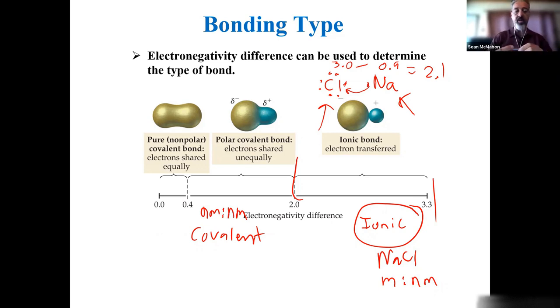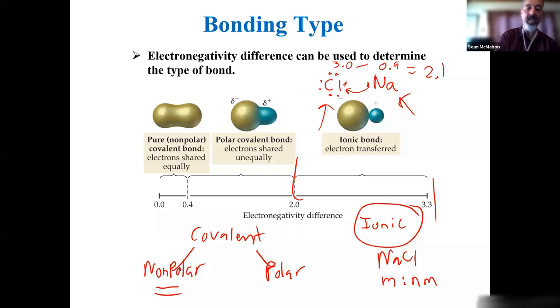So the way it works is there's kind of a degree of covalent, and there's 2 camps. So under the covalent bond umbrella, there's what's called nonpolar and polar covalent. Nonpolar means equal sharing, right? So the electron distribution is pretty much distributed equally between the 2 atoms. Polar is unequal.